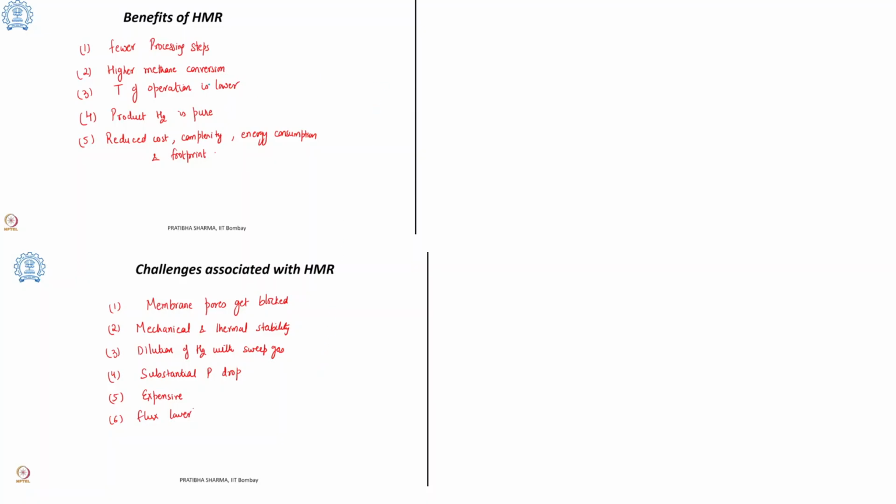Benefits of this hydrogen membrane reactor: it has fewer processing steps, very few processing steps. Higher methane conversion means higher hydrogen production. The temperature is a little lower.